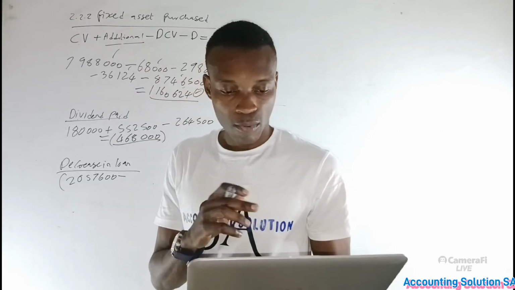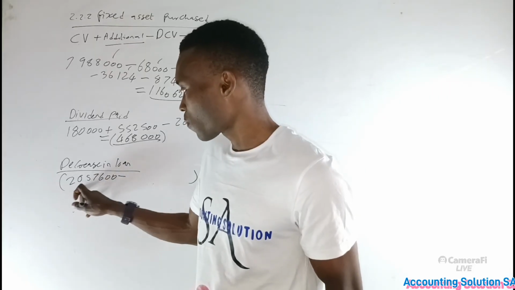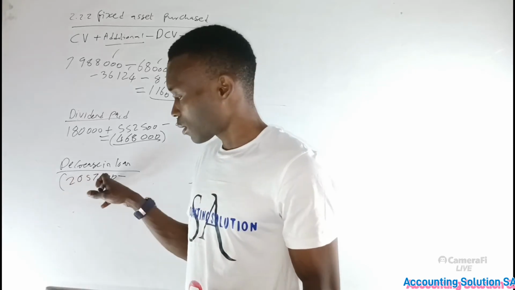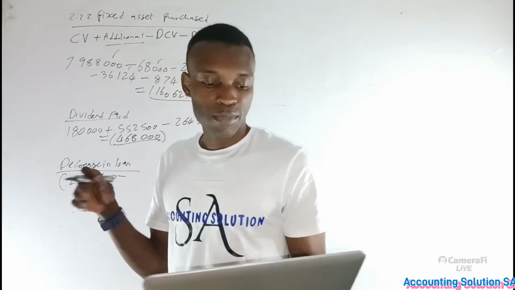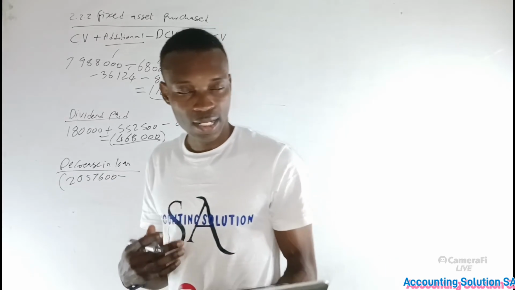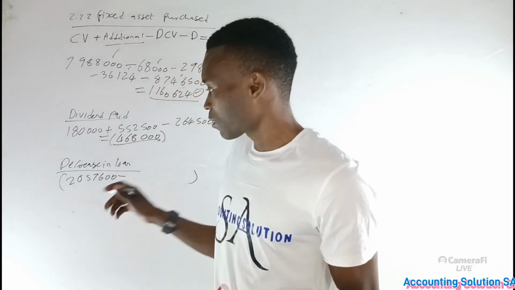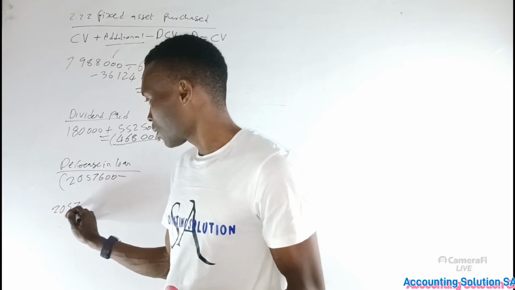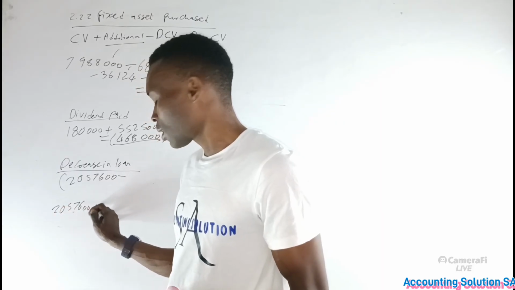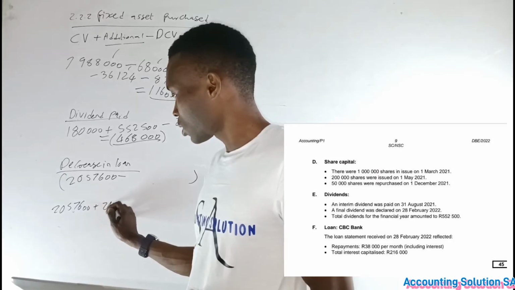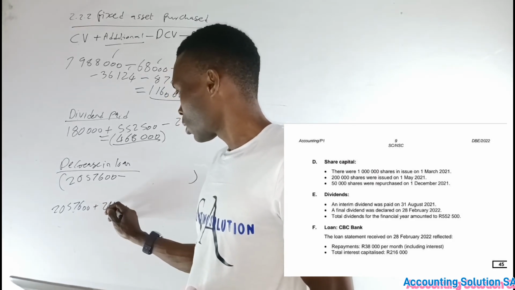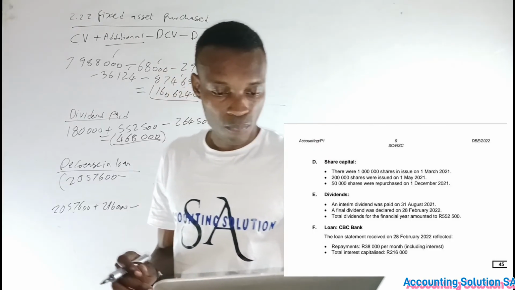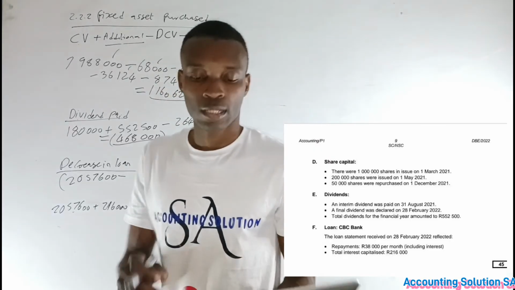What you have to do, number one, you know that the balance was 2,057,600. On top of this amount, we have been charged interest, which means that you must first say 2,057,600 plus interest of 216,000, and after that we subtract what? We subtract the amount of repayment.